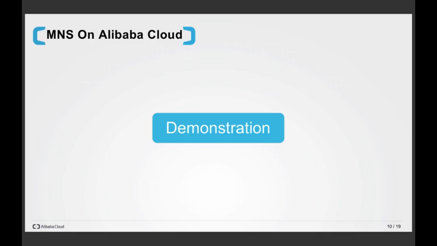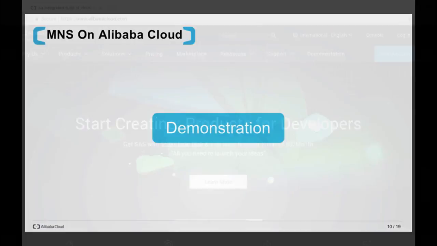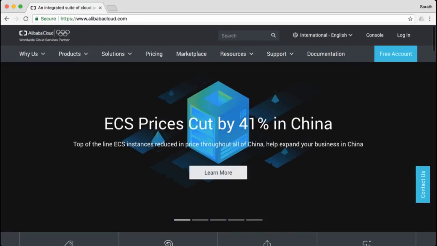So let's see a small demonstration of how we can create the Alibaba Cloud Message Service on the console. So let's start. This is the console. First, log into your account.